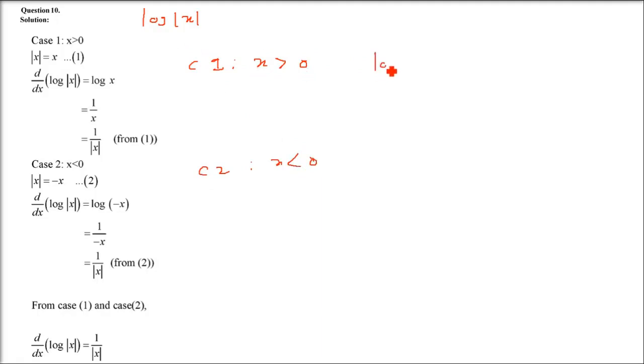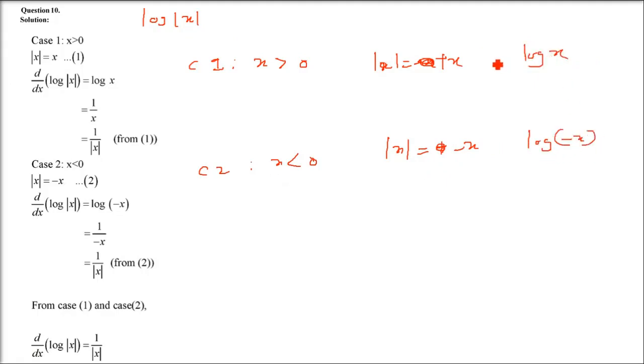When x is greater than 0, that means mod x will be x, and when x is less than 0, mod x will be minus x. Okay. So now put this: when x is greater than 0, it will be log x. When x is less than 0, it will be log of minus x.